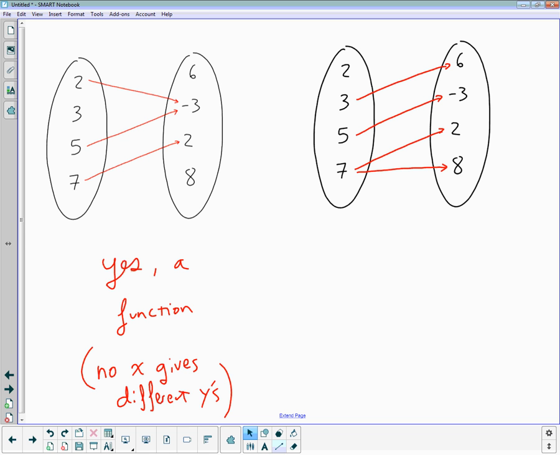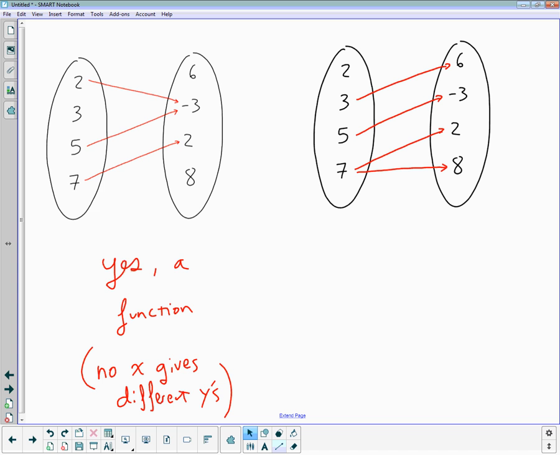Well, 3 gives me 6, 5 gives me -3, 7 gives me 2, and 8. Wait a minute. How does that work? Here you're saying that 7 produces 2 different numbers. You see how this starts to fail? Because what we're saying is that 7 produces 2 different things. That doesn't quite work.